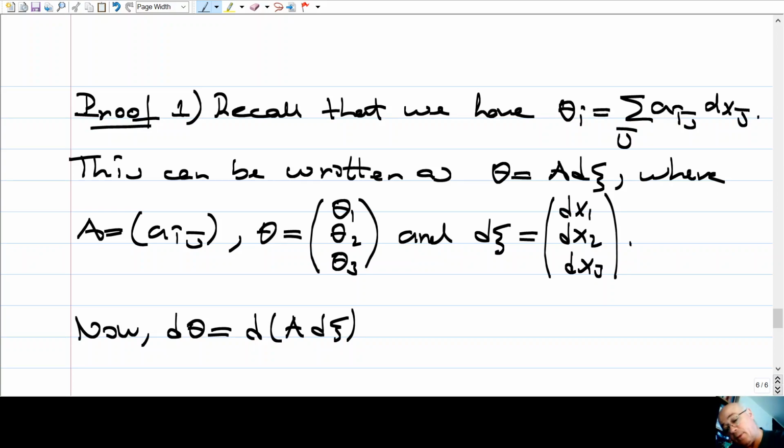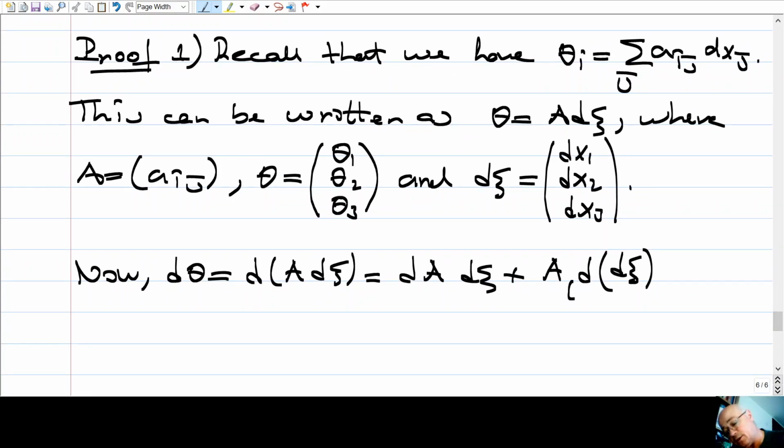So we get the derivative of each entry of the attitude matrix, wedge product with dx, plus, since A is a function, not a one form, A times the exterior derivative of the one form dx, but this is just d squared x, and this is just zero.